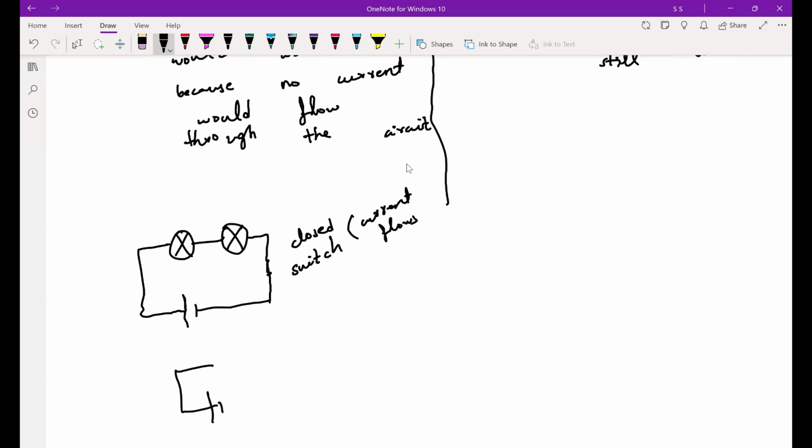But when a switch is open, I'll draw it here. So when a switch is open, no current flows.